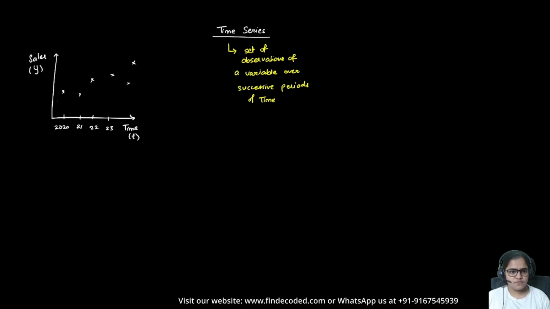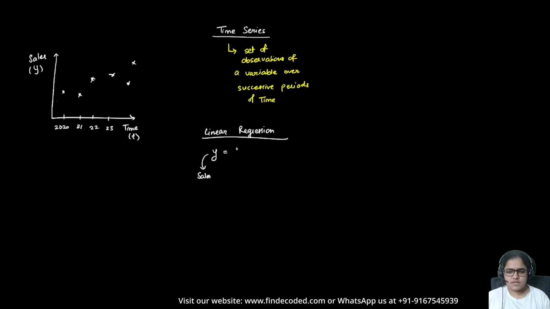So this is what a time series is. I have a set of observations of one particular variable, in our case sales, over successive periods of time. Now, if I want to plot it as a linear regression, this is going to look very similar to what I have been doing till now. I have y, which is my dependent variable, in this case sales.